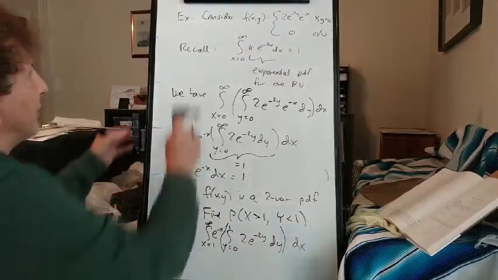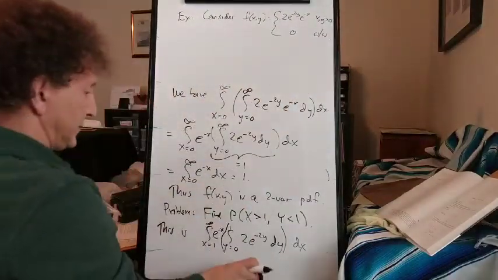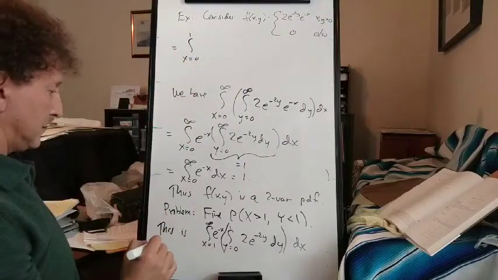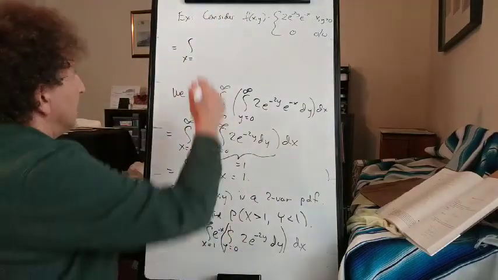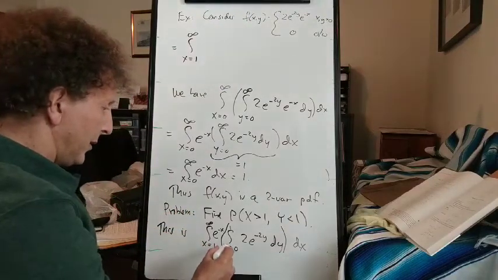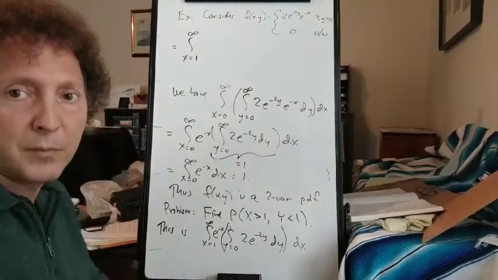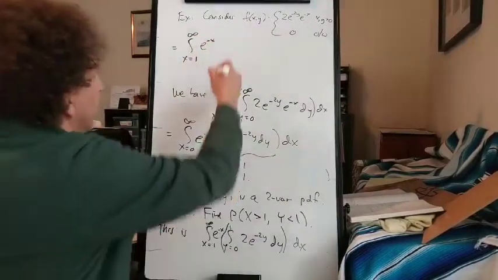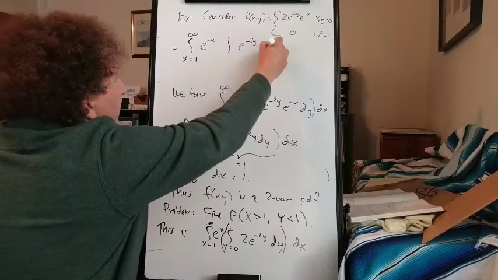Alright, so let's do this integral on the inside first. x is going from 1 to infinity. Alright, so I guess we actually have to integrate that. So we've got e to the negative 2y dy.